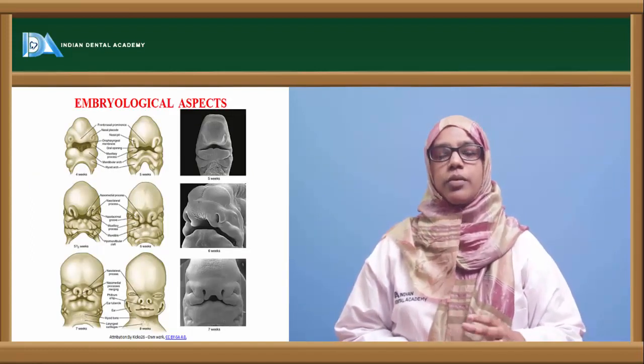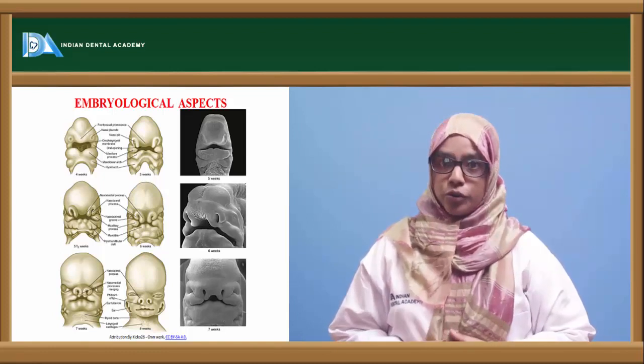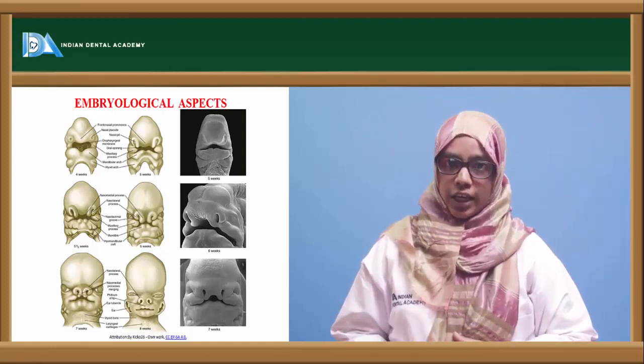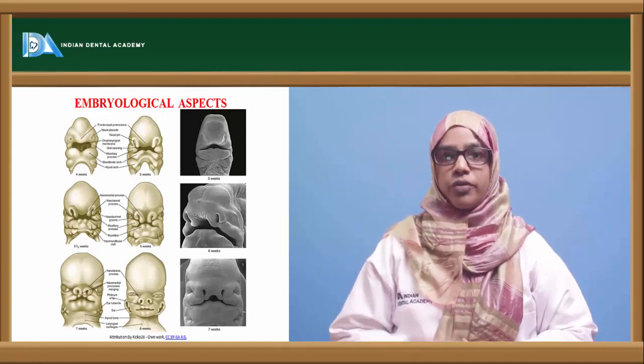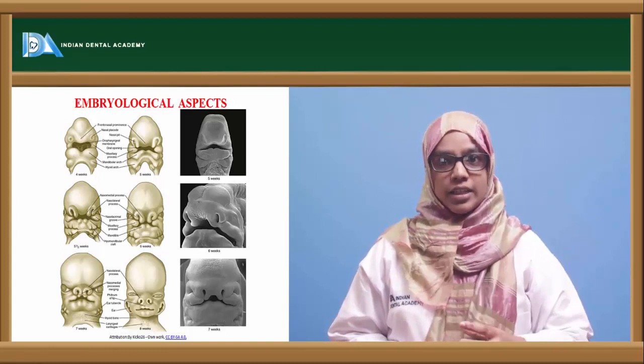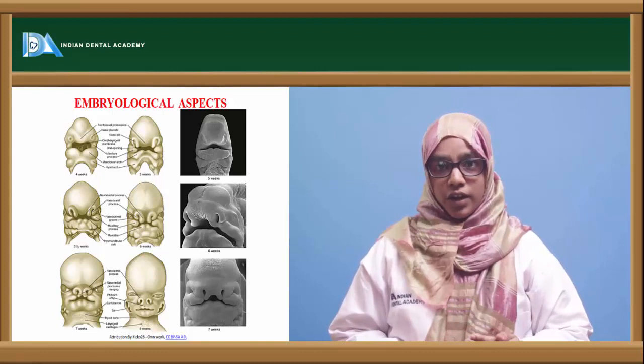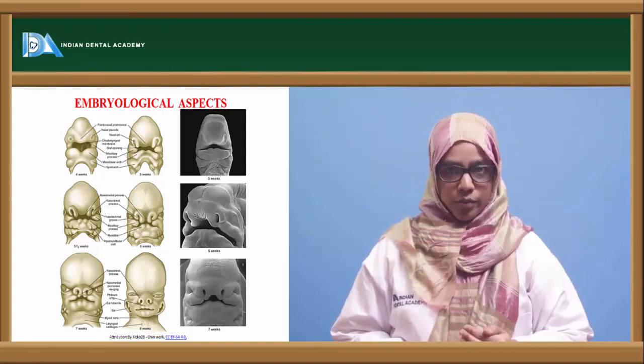Let's move on to the embryological aspect of cleft lip. Before that, we should know the embryology of the normal face. The mid portion of the face develops anteriorly and inferiorly in front of the forebrain, starting with the formation of the frontonasal process.